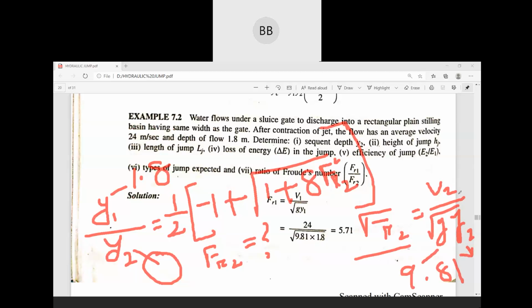You substitute here, you can directly find out the v2 value, that is the velocity after the jump.